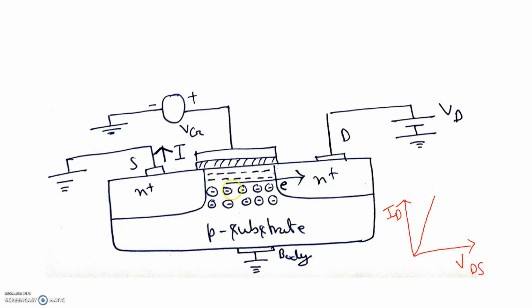Now after that we have also observed that as we keep on increasing VD, keeping VG, that is gate voltage, constant, what will happen after a certain amount of gate voltage? As the electric field increases in the channel, the electrons will try to move from source to drain, that is from negative to positive potential.